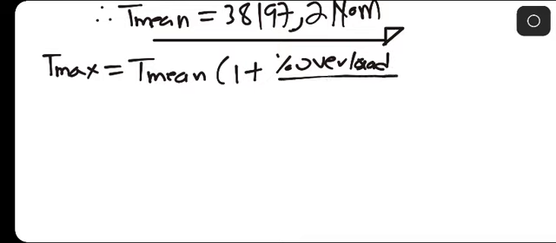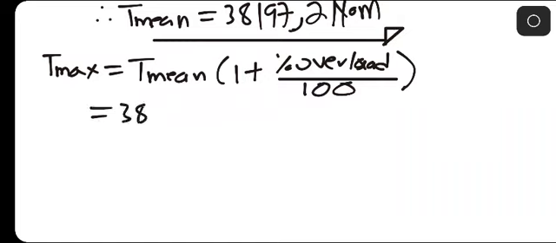Divide by 100, so like this. So Tmin, we've just calculated it there. We have 1.